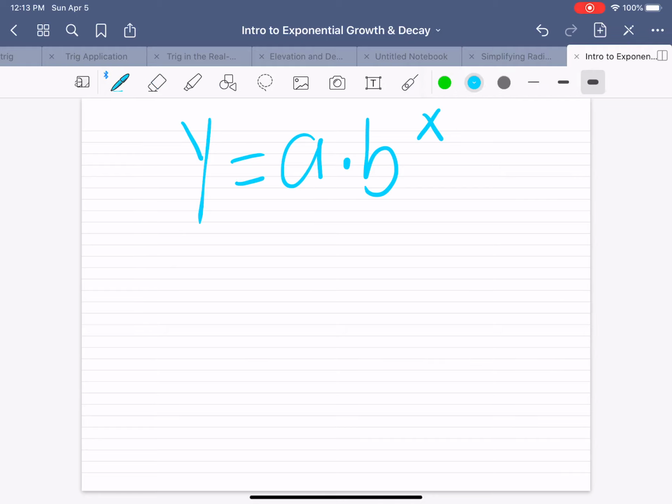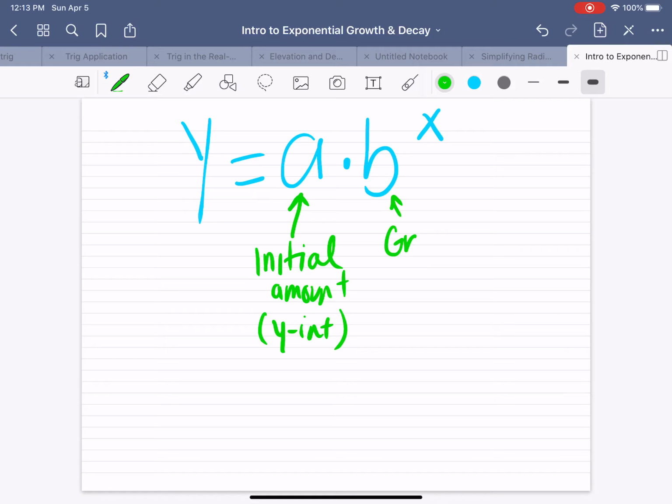So the very first thing, the A is your initial amount. And you should know from previous lessons, the initial amount always yields the y-intercept. So wherever the graph crosses the y-axis. The B will represent our growth or decay factor.